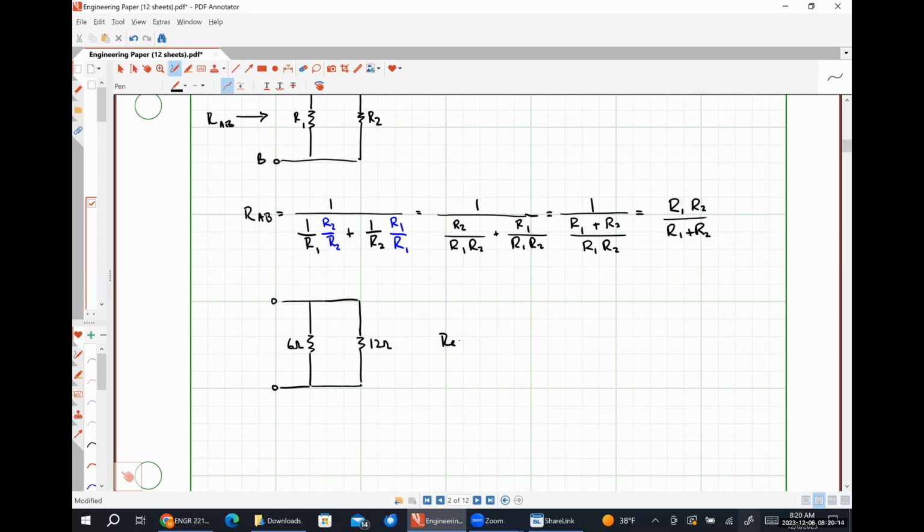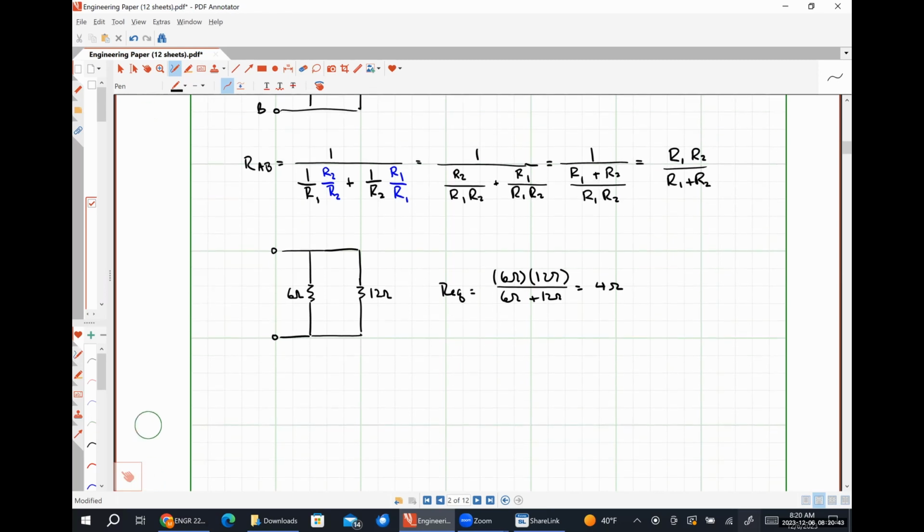We could very easily see that the equivalent resistance is going to be 6 ohms times 12 ohms over 6 ohms plus 12 ohms. So 6 times 12 is 72. 6 plus 12 is 18. 72 over 18 is 4 ohms. Call it a day without having to worry about all those reciprocals.